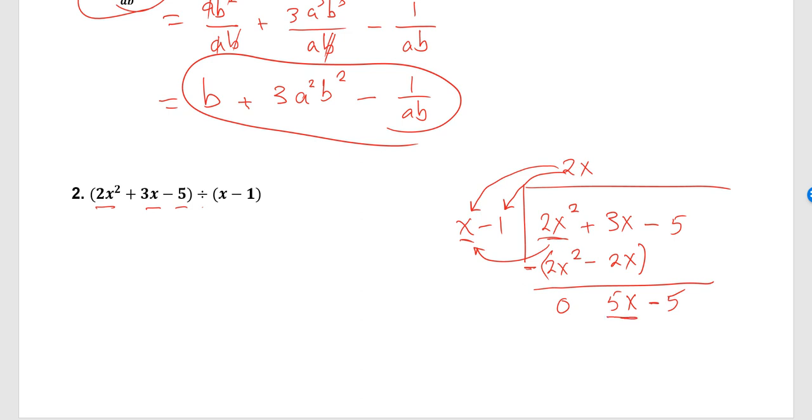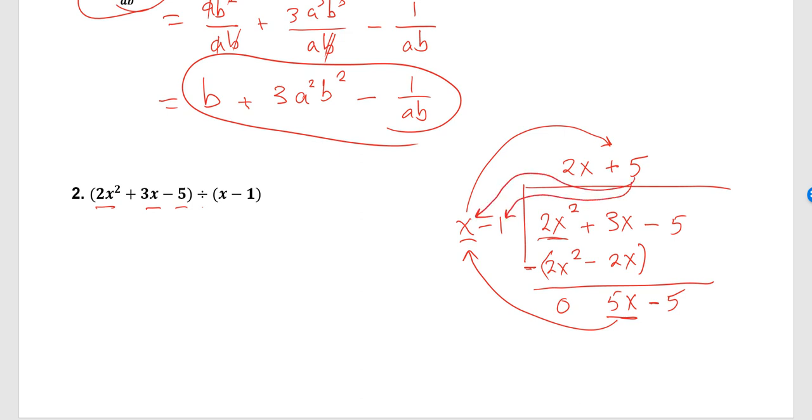Now take this first term, again, divide by this first term, right? So 5x divided by x, and then just write it here. 5x divided by x is plus 5. Now take the 5, multiply by both of the terms, right?